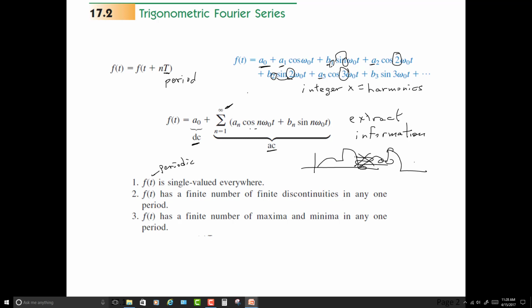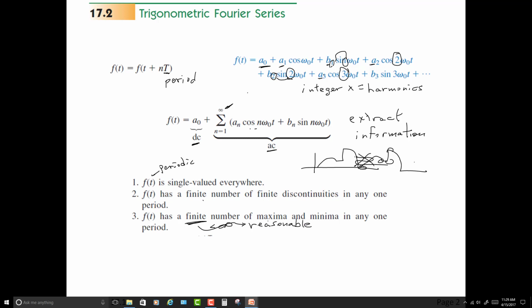But more than that, as I've used this and seen it applied in circumstances over the years, this word finite means something more than less than infinity. I find for it to be realistic in its application, this really means a reasonable number.